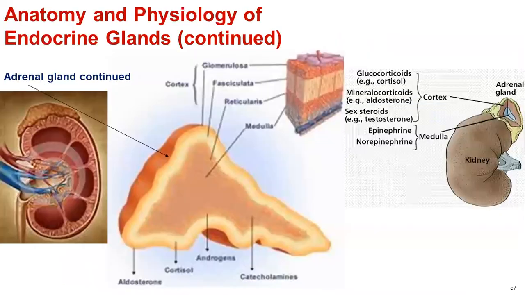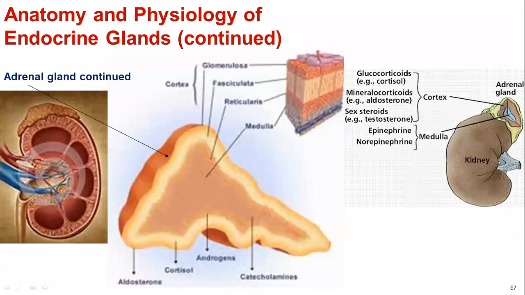So next here, same picture showing a little bit bigger. The first picture, the kidney, and at the top of the kidney, the adrenal gland or suprarenal gland. The internal site or histology in the second picture that I explained a little bit ago, in here showing the inner layer, the medulla, which secretes epinephrine and norepinephrine.